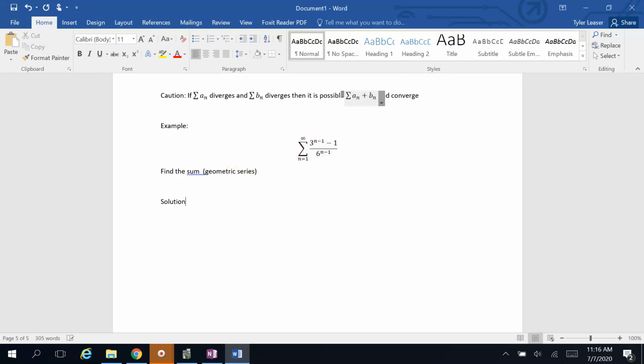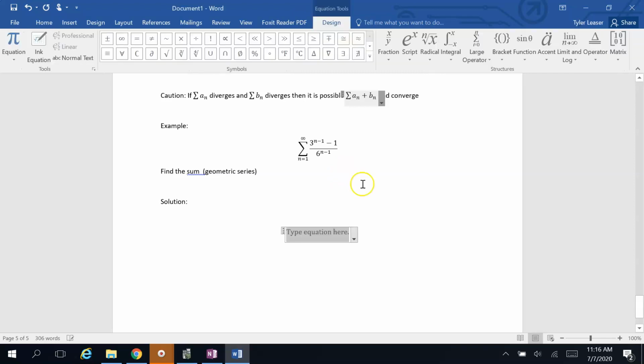So let's do it. The way that you should always do these is that you should separate them out using the sum, the difference, or the constant multiple rules into geometric series themselves. The way we're going to do that is we're going to break this one down by dividing the top and the bottom by that 6 to the n minus 1, just like we did before.